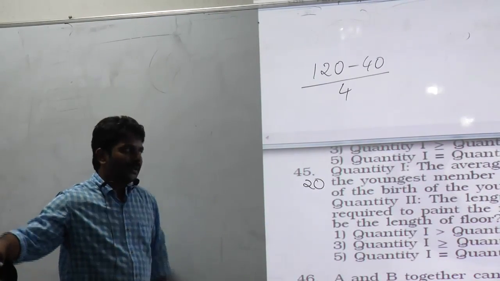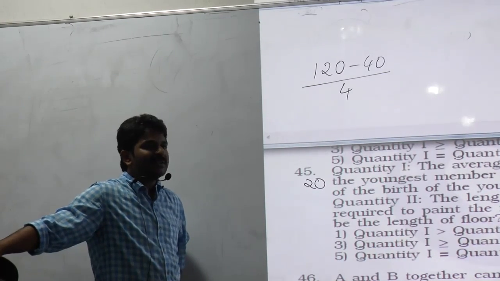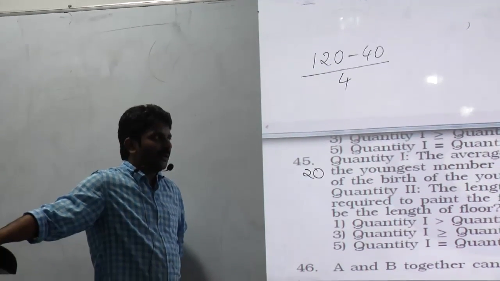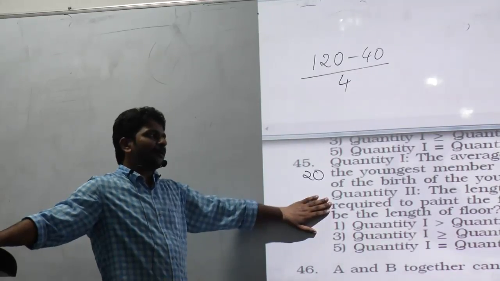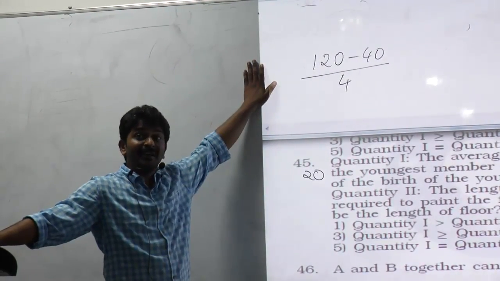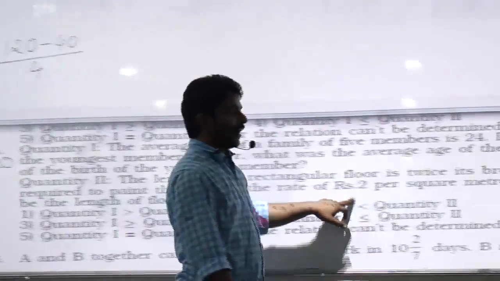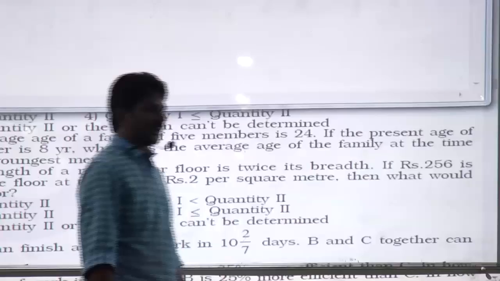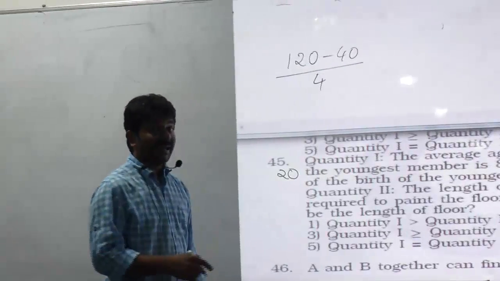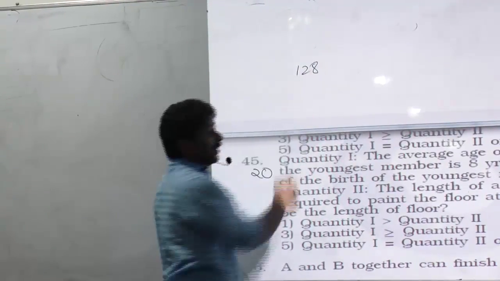Next, quantity 2. The length of the rectangular floor is 2 times the breadth. L is equal to 2b. If 256 rupees is required to paint the floor at the rate of 2 rupees per square meter. So what is the area here? For each square meter, 2 rupees is charged. So in total we have 256 rupees. So what is the total quantity? 128. 128 is the floor area.